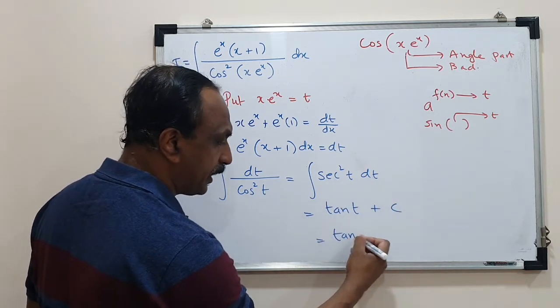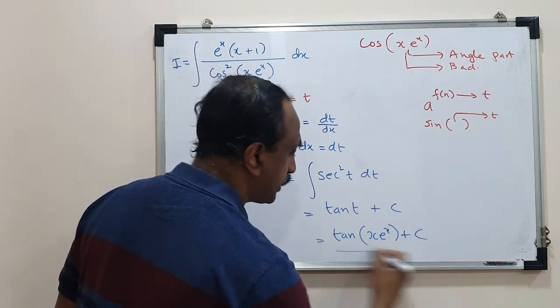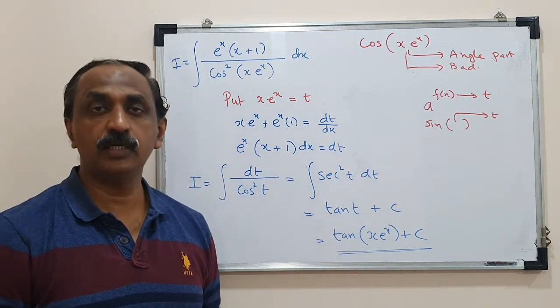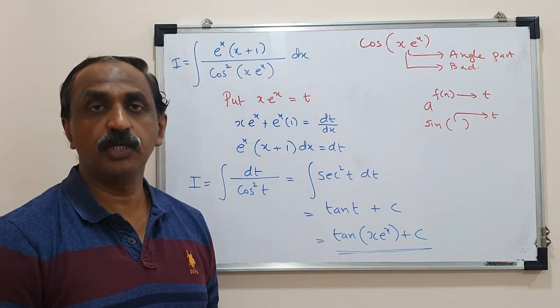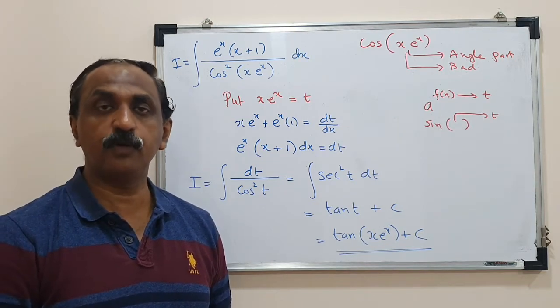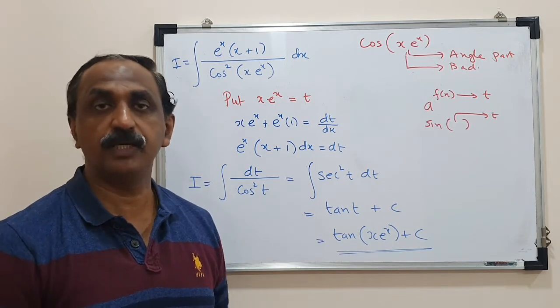Now t can be replaced by x e raised to x, plus c, and that is my final answer. So this is how bad angle problems can be easily solved and recognized. The difficulty in the substitution method is what to substitute, which we always face. If you know what to substitute, the integration becomes very easy to do.